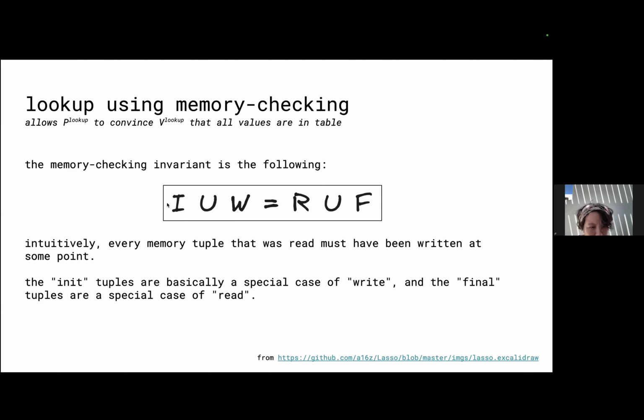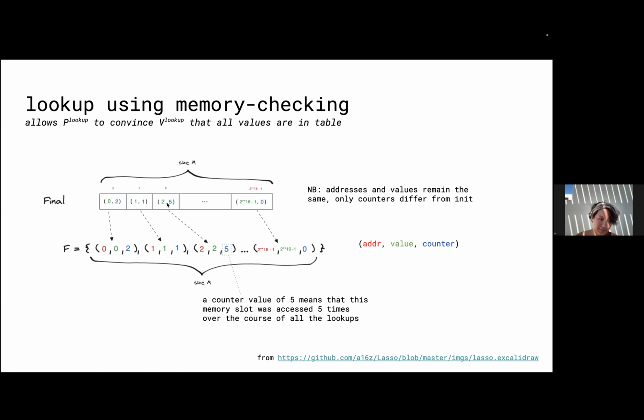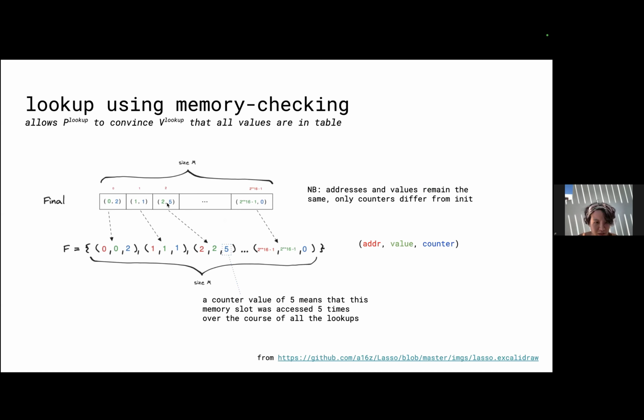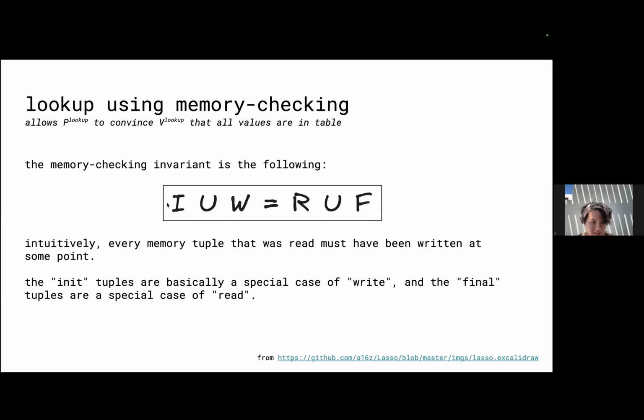And so how we use this memory checking argument as a lookup is that we check the following invariant: the set of initial writes union the set of writes is equal to the set of reads union the final read.